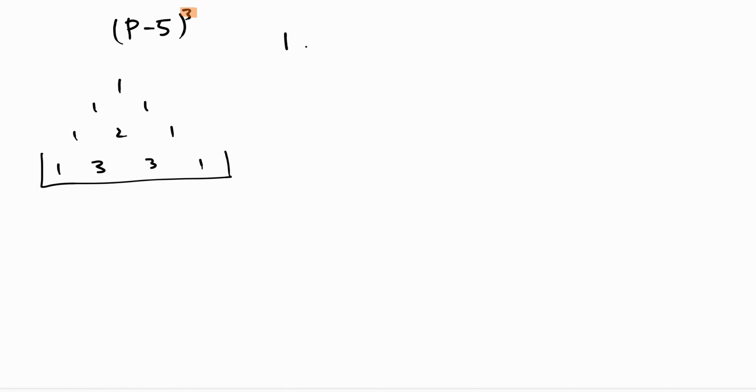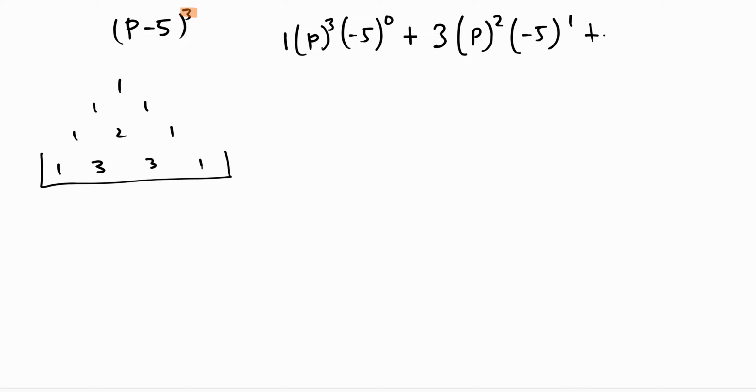So we can have 1 times p to the power of 3 times negative 5 to the power of 0, added to the next term in Pascal, 3 multiplied by p, this decreases by 1, so 2, multiplied by negative 5 increases by 1, 1, plus next term 3, p decreases by 1, so it's going to become 1, and then negative 5 is going to increase by 1, so it's going to become 2, and our last term should be 1 multiplied by p to the power of 0 and negative 5 to the power of 3.